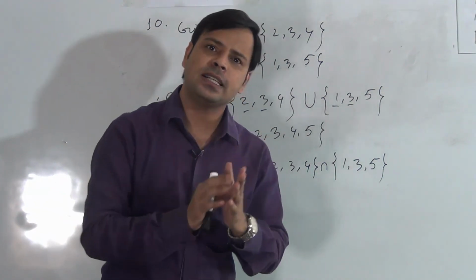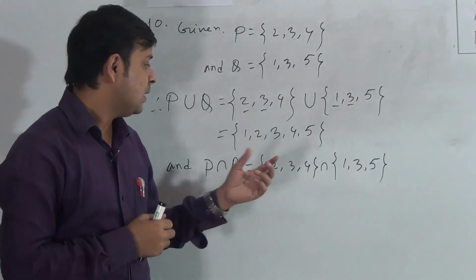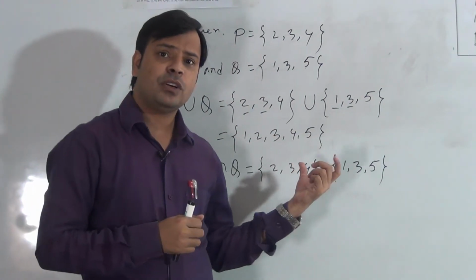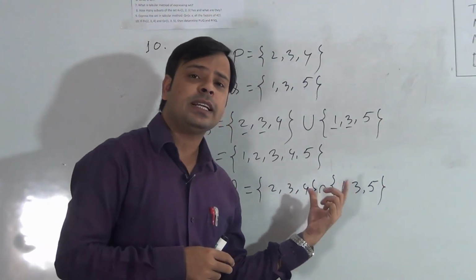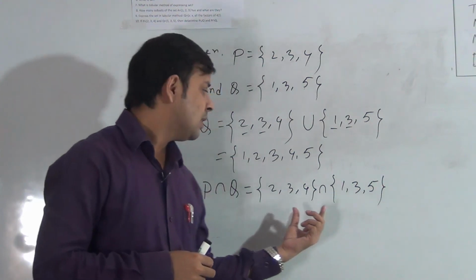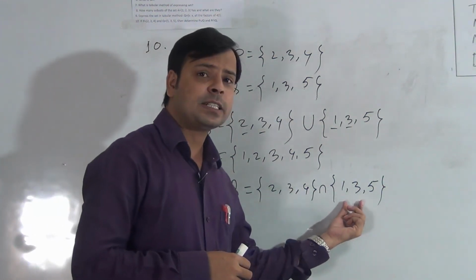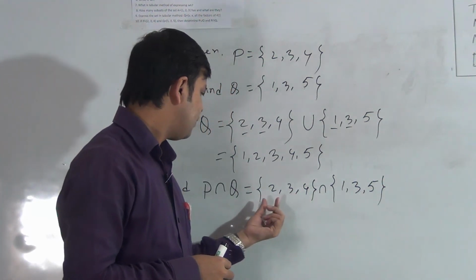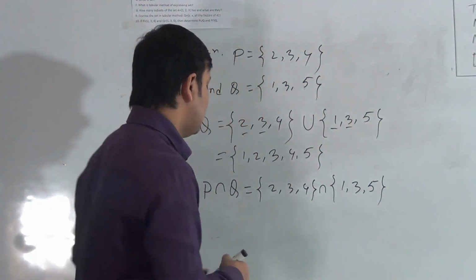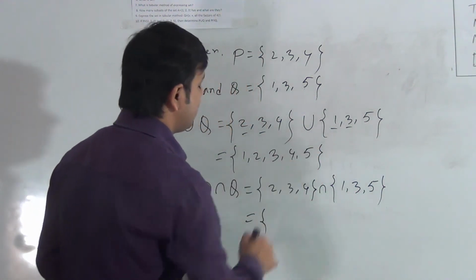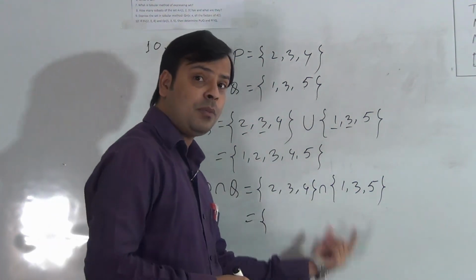In case of sets, like HCF, you take only the common elements. When you take the intersection of two sets, you take just the common elements from the two sets, the set formed by the common elements.